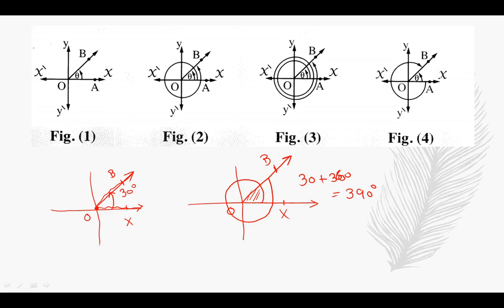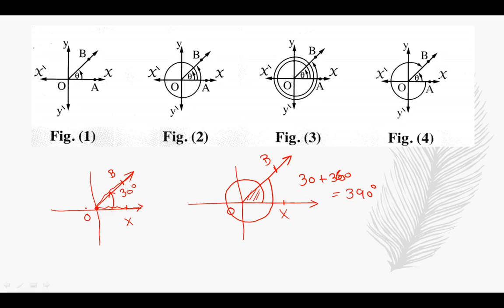So we can say that the angle of measure 30 is equivalent to the angle of measure 390, or the two angles 30 and 390 are coterminal angles. Why are they coterminal?